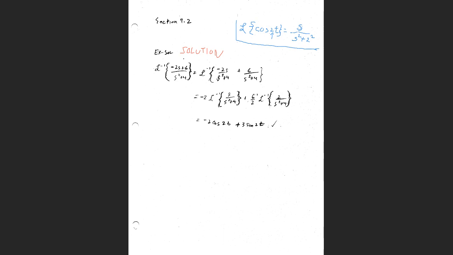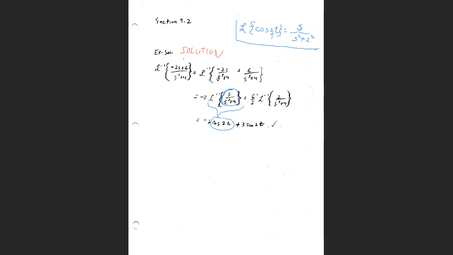This is an S. So then the inverse Laplace transform of s over s squared plus 4 would just have to be cosine of 2t. Good question, Paige. And that's how we get there.